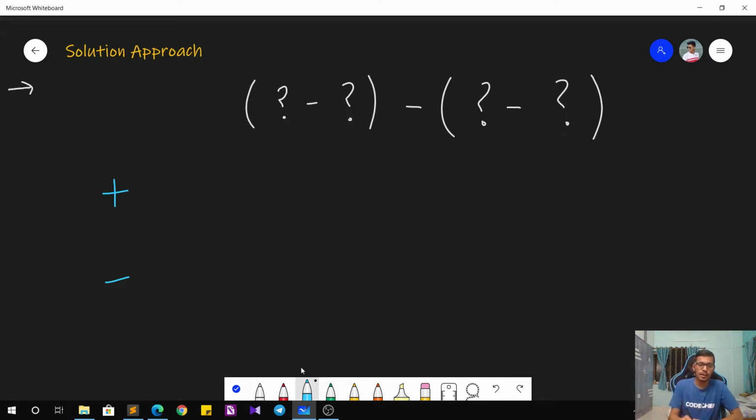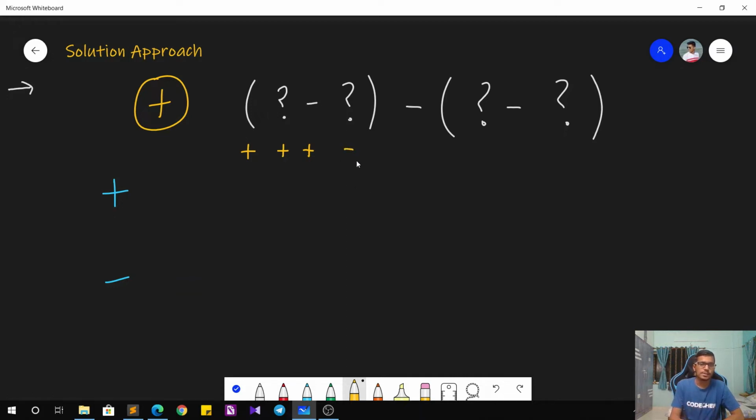How? If you see the current string that I have drawn, imagine a plus sign over here outside the whole string. So the plus sign is applicable on this first symbol, this second symbol, and this third symbol. Once I have seen this negative or subtraction symbol, my sign gets flipped. So my sign becomes negative.